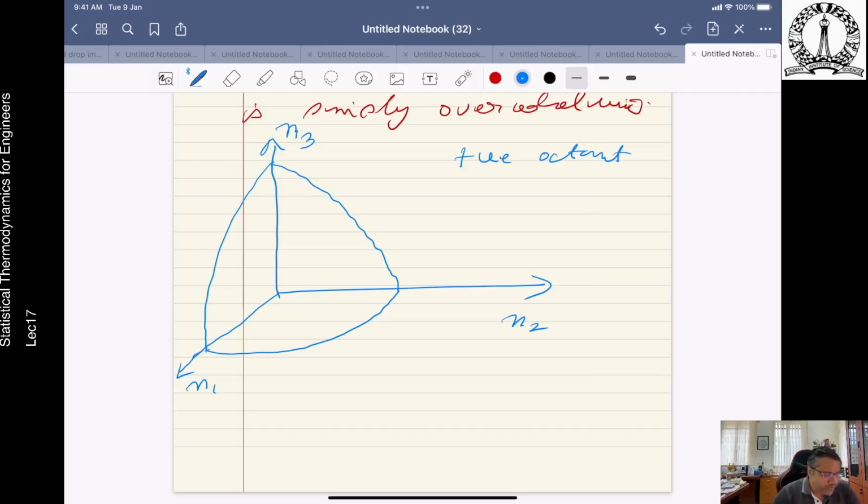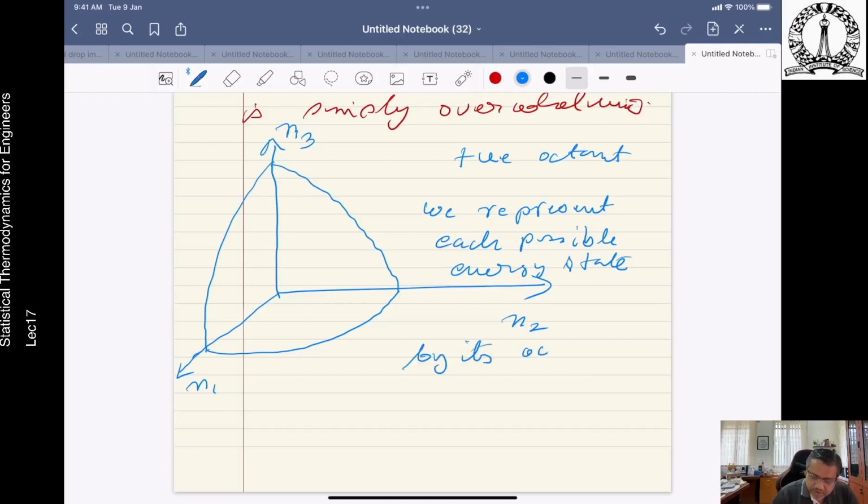So we represent each possible energy state by its own cube in the 3D quantum number space.